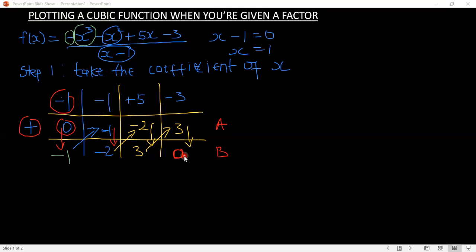Now we know. Before I go there, 0 means nothing, guys. So we won't focus on this box. We are going to exclude this box. We're only going to focus on these 3 boxes.